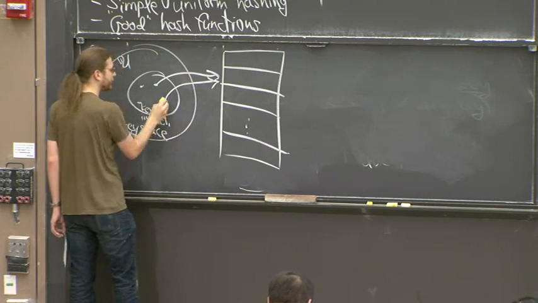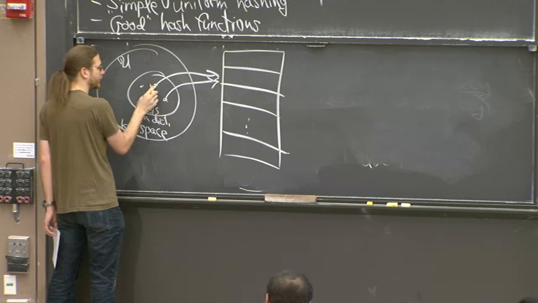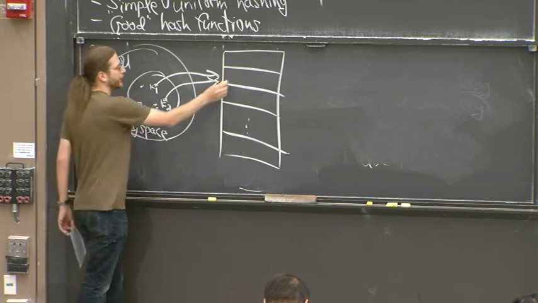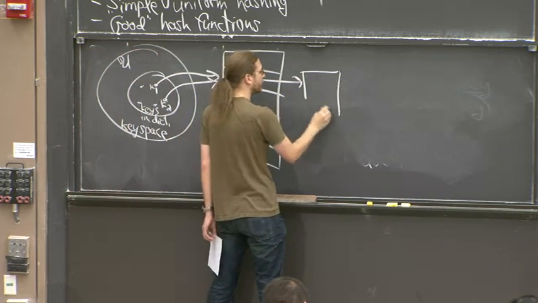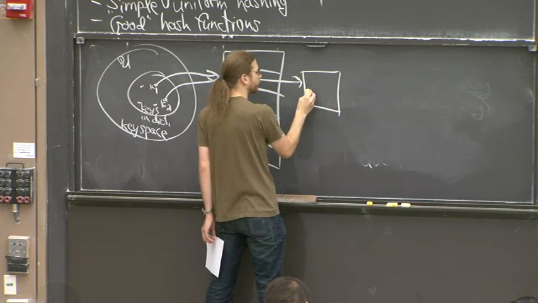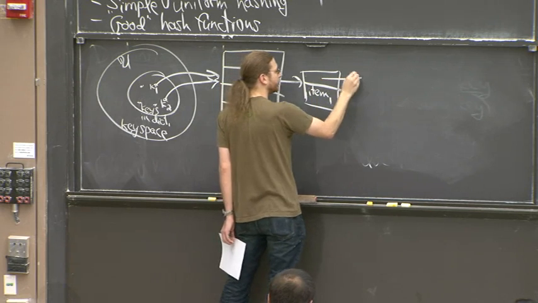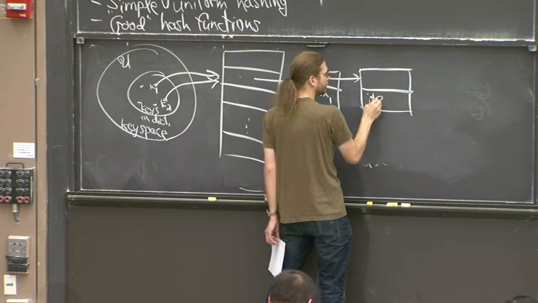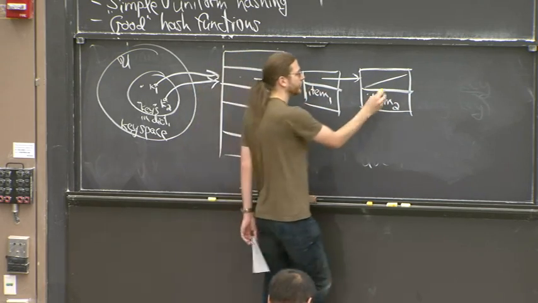Some of them might map to the same value. So let's say K1 and K2 suppose they collide. So they both go to this slot. What we're going to store here is a linked list that stores item 1, and a pointer to the next item, which is item 2, and then that's the end of the list, or you could draw a null.